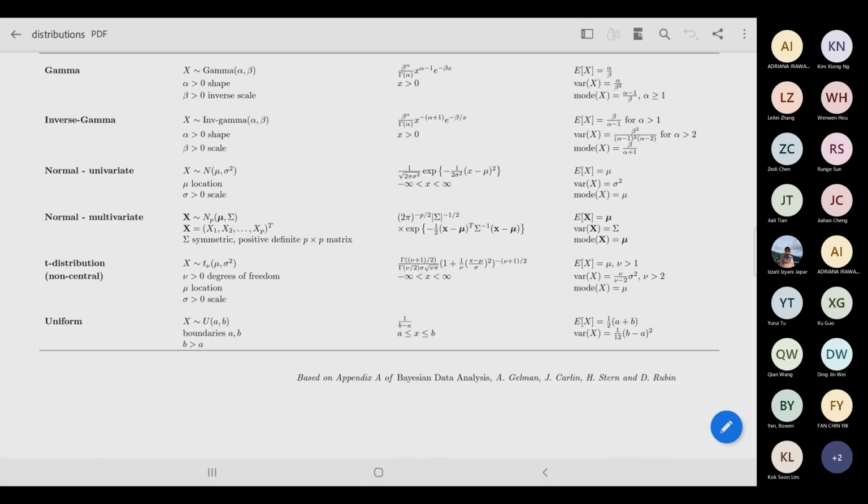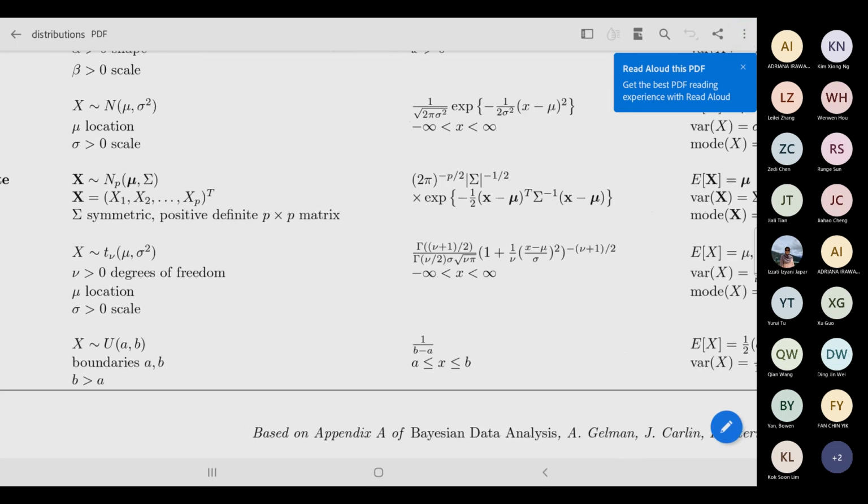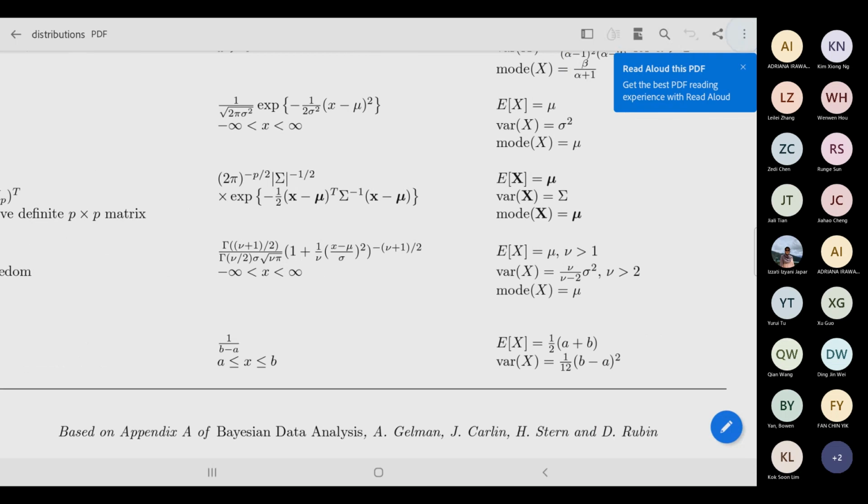There's non-central, so it should be V. Then it should be the sigma square, then it should be the variance, I think. If you have a non-central t distribution, then mu is the location and sigma square is the variance.